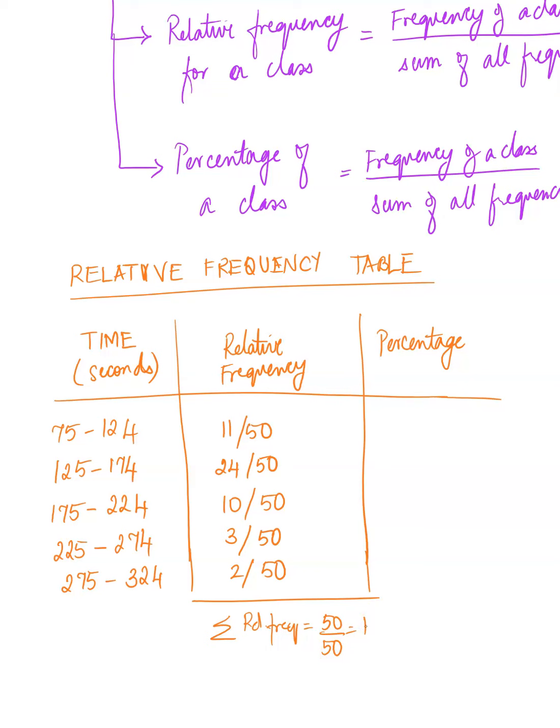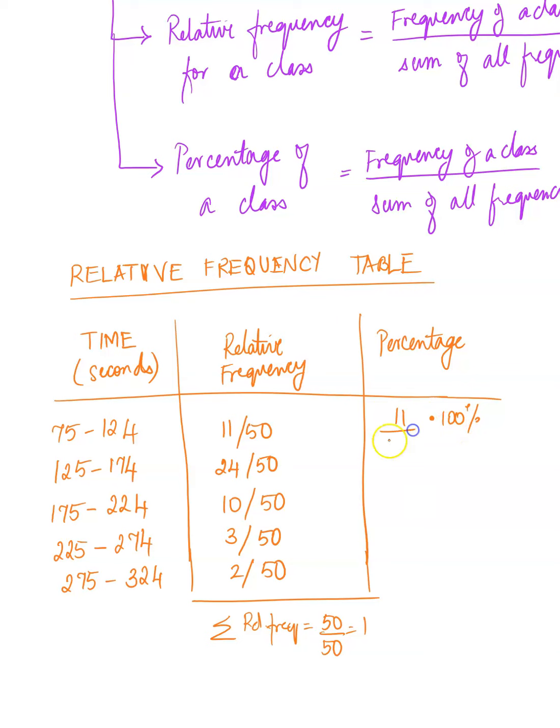So if it's percentage, then you know that this column would be 11 out of 50 times 100%, right? Again, feel free to use your calculator, but you want to write it the way you see it exactly. Basically, this 50 and the 100 will cancel each other.